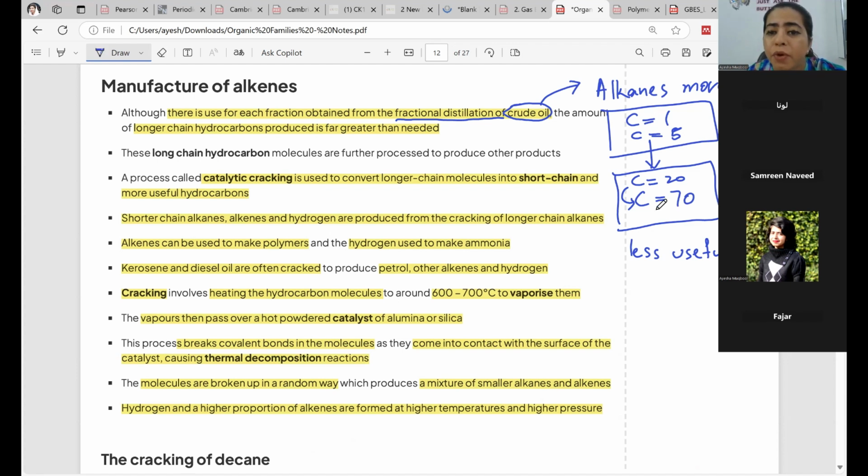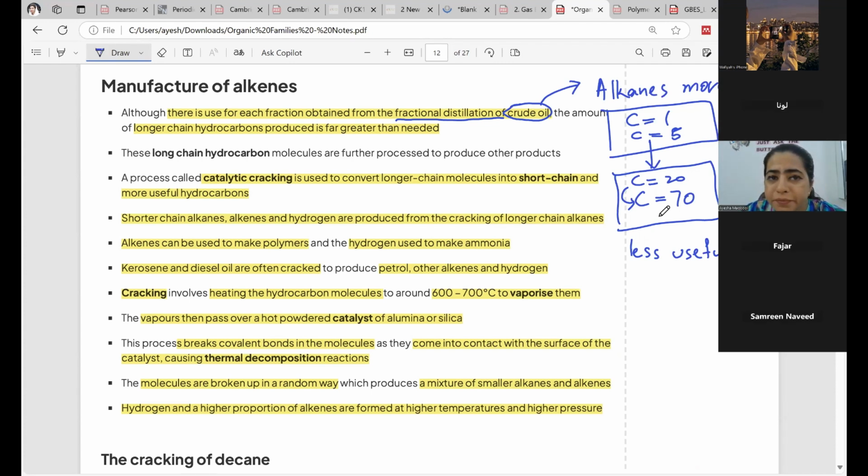But we are getting them more than needed. So what can we do? Any idea which comes to your mind, if we have these alkanes which are smaller, they are more useful, the bigger ones are not useful or very less useful. Any idea that we can make these less useful alkanes more useful as well?